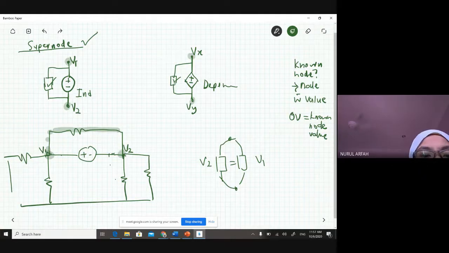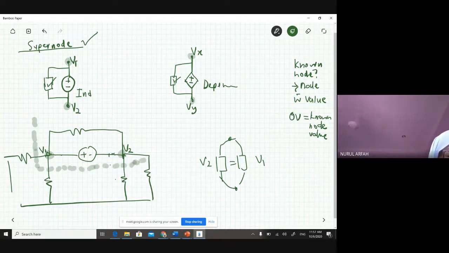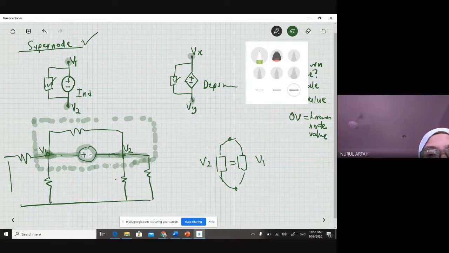So you draw the boundary for this supernode. How do I know? You look at this node and this node, because the voltage source here is connected to these two unknown nodes, so anything attached to this should be inside the boundary. Maybe if you go through the example, then you will understand.